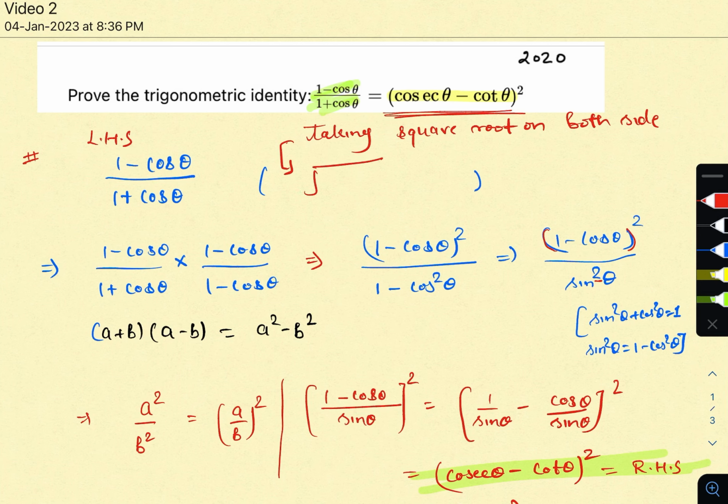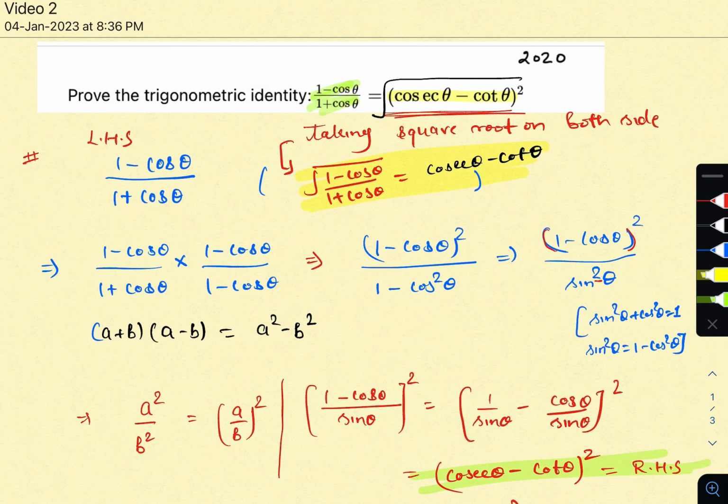It will be square root of (1 minus cos theta upon 1 plus cos theta) is equal to, in the right hand side, if I take square root, you can see square root and square will just cancel each other, and we will be getting cosecant theta minus cot theta. So this is what we are getting here after taking the square root.